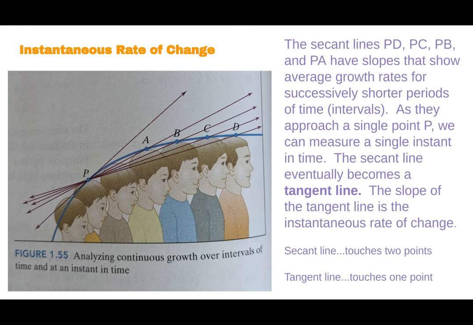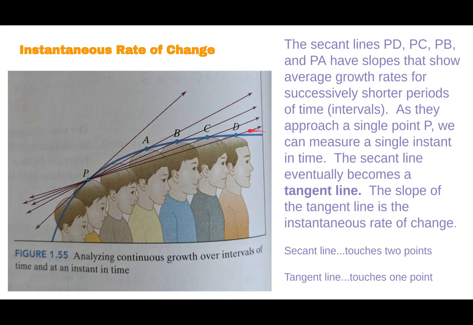And so what happens is, as we continue to draw lines moving closer and closer to point P, these secant lines eventually become what we call a tangent line. So this line right over here going only through point P is going to be called the tangent line. And the slope of the tangent line is the instantaneous rate of change.